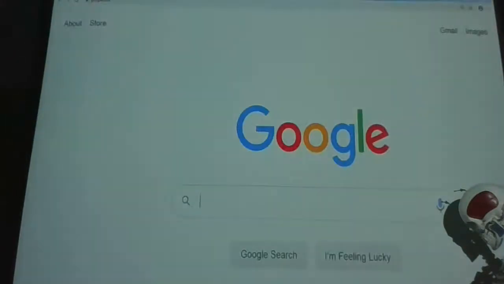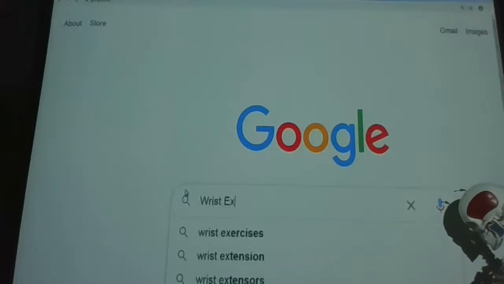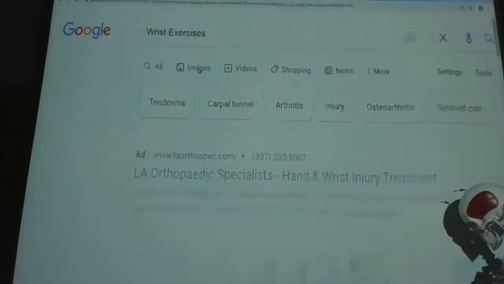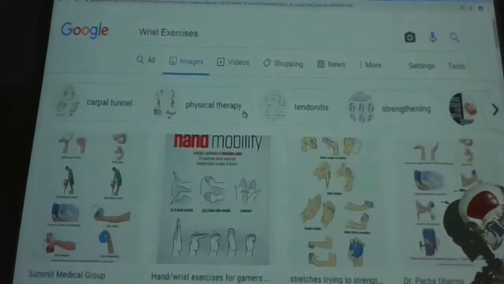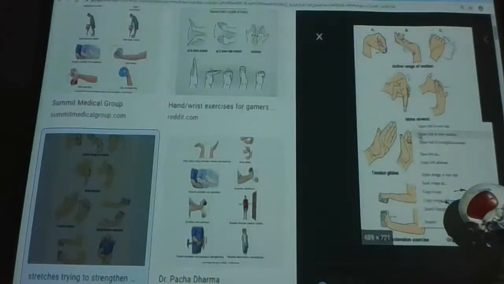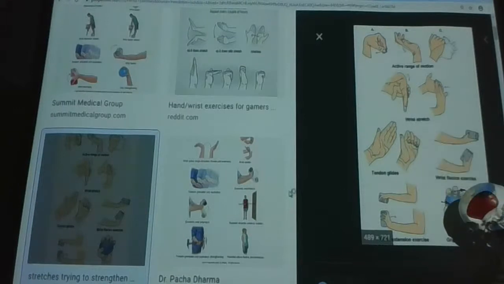Now, let's get into some practice. Let's pull up some exercises. Okay. Let's do some stretching exercises first.